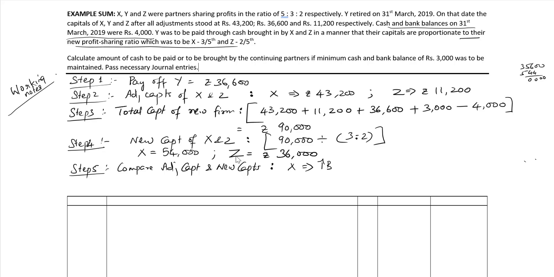So X needs to bring in rupees 10,800. In the case of Z, the adjusted capital is 11,200. The new capital is 36,000 rupees. So Z needs to bring in rupees 24,800.